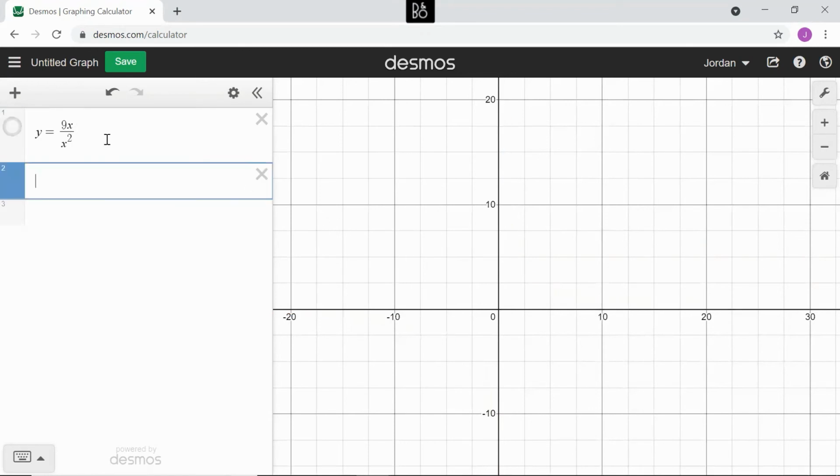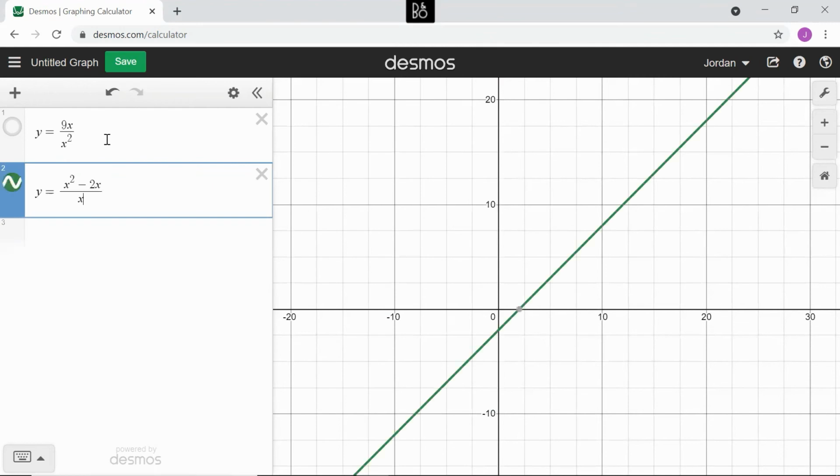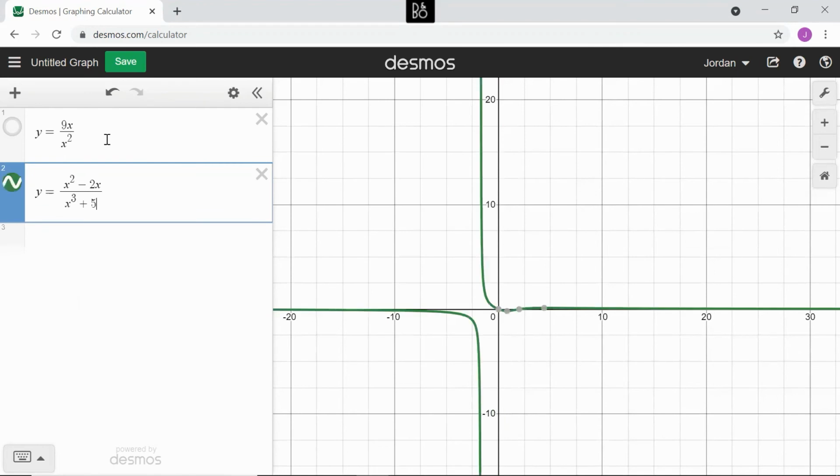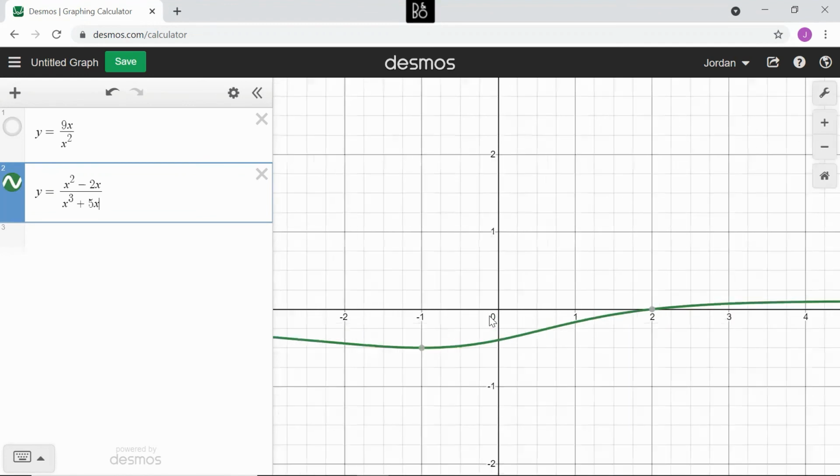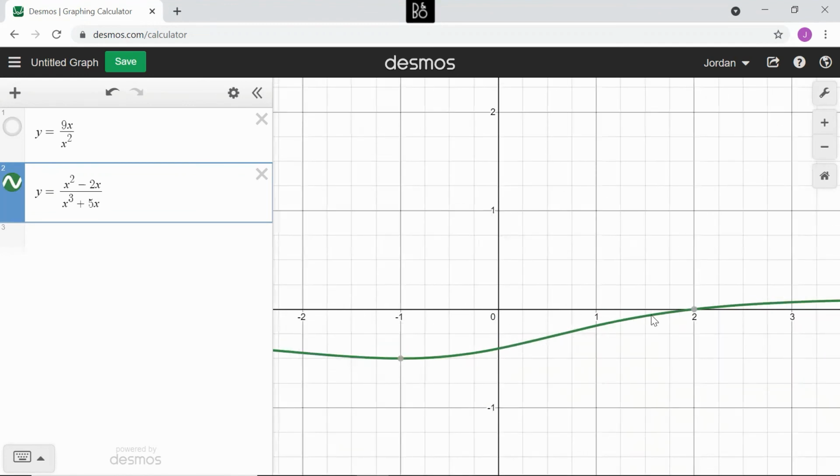Now the other function was p equals x squared minus 2x divided by x to the third plus 5x. If you zoom in on this, as x is going towards 0, even though it doesn't work when you plug in a 0, as x is going towards 0 from right to left, it is going to this point here.